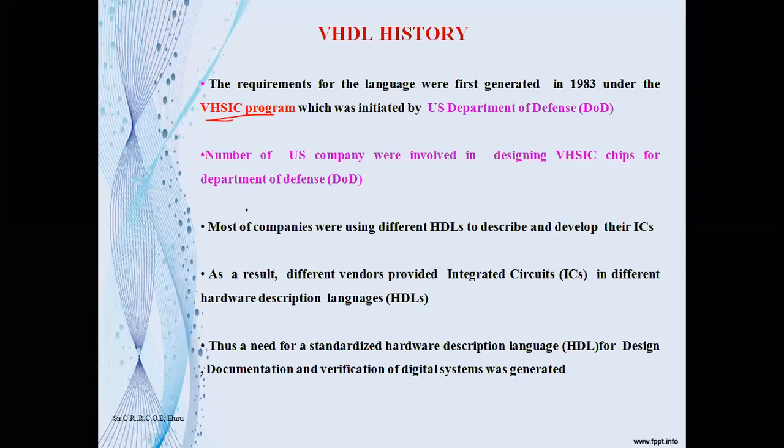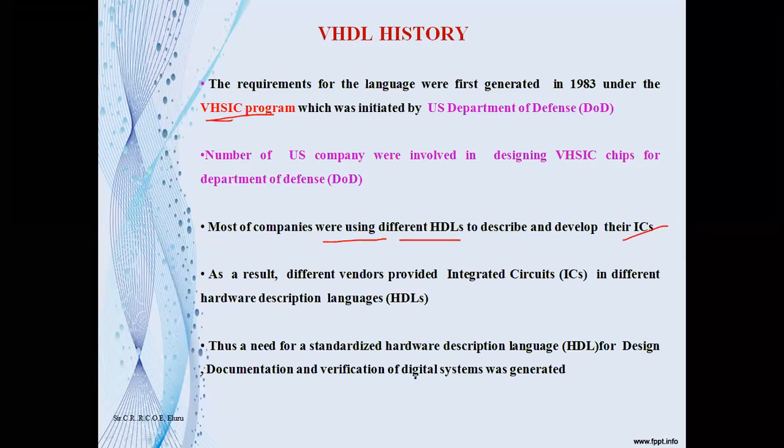But at the time, most of the companies were using different hardware description languages to describe and develop integrated circuits. Every supplier or vendor had their own hardware description language, and they used it to describe and develop their ICs.